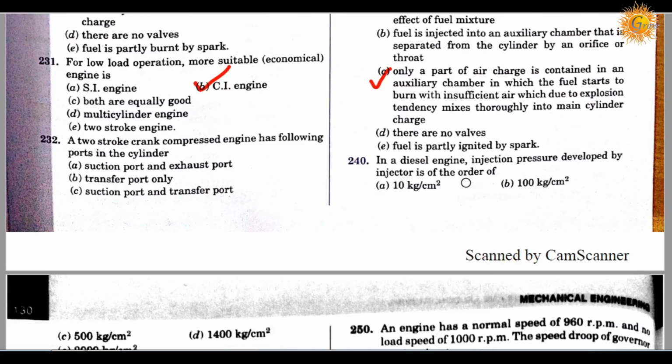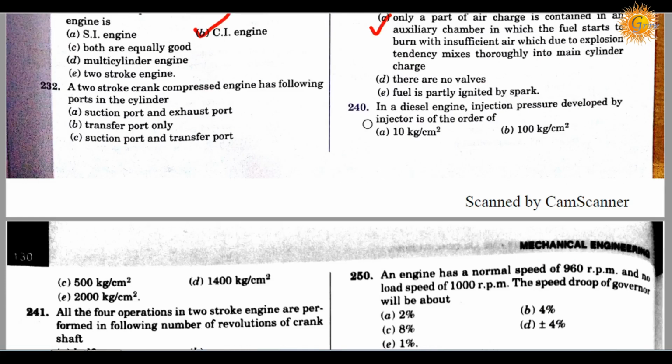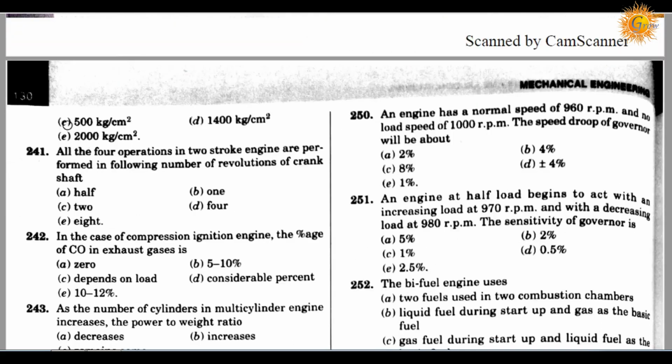Question number 240. In a diesel engine, injection pressure developed by injector is the order of option A 10 kg per centimeter square, option B 100 kg per centimeter square, option C 500 kg per centimeter square, option D 1400 kg per centimeter square, option E 2000 kg per centimeter square.